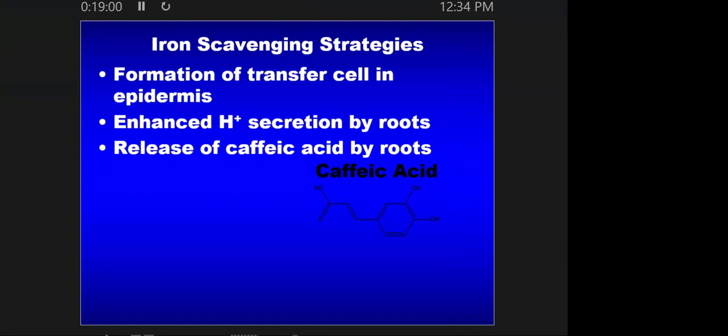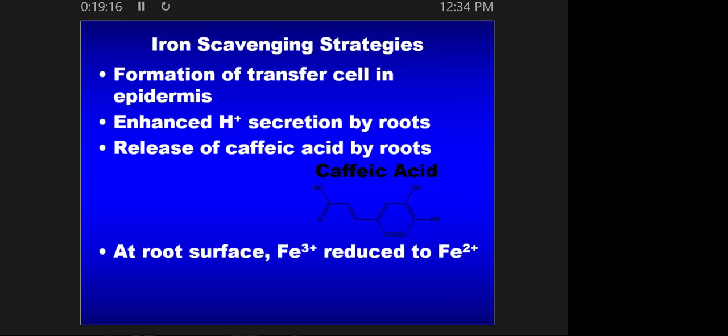Some plants will enhance or ramp up protons in their immediate environment by their roots. So if they're going to do that, that means they're expending ATP, but they'll pump out extra protons, and that seems to also help solubilize the iron. The caffeic acid idea that I told you about. Once they get the iron to the root, they usually will act on it, and then they'll be able to bring it in and have that into their body.